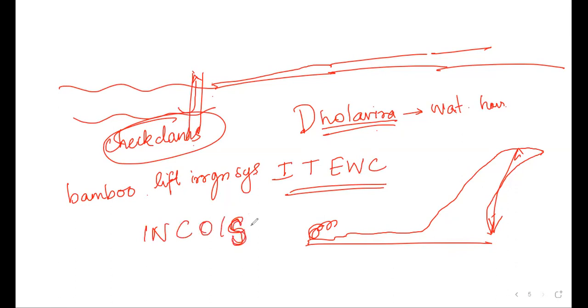Indian National Center for Ocean Information Sciences, which is an autonomous body under the Ministry of Earth Sciences. It has been established by the Ministry of Earth Sciences.